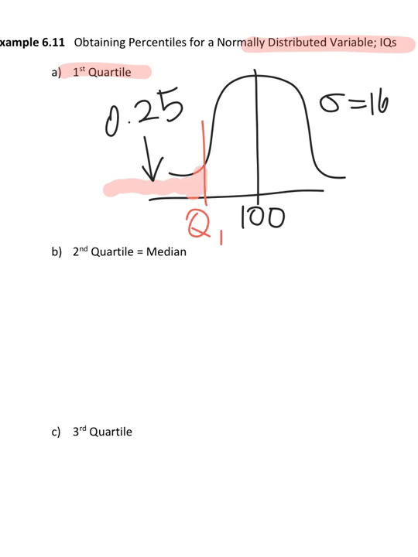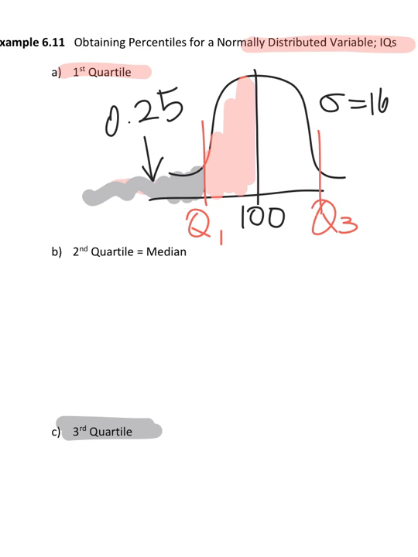We are going to take the third quartile later. It will be to the right, Q3. So now I can say, here is a 25%.